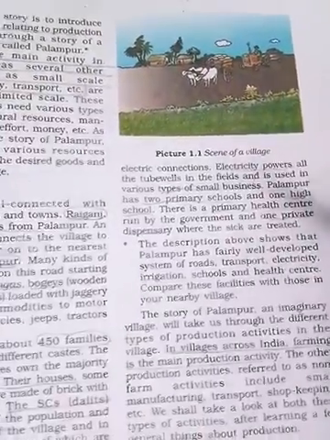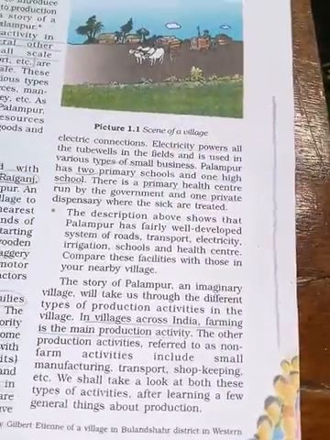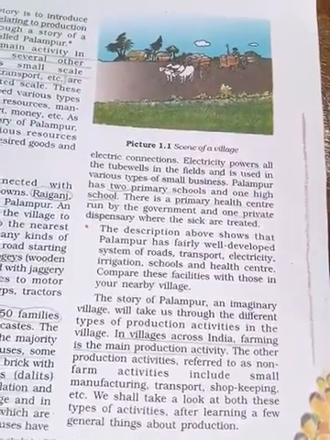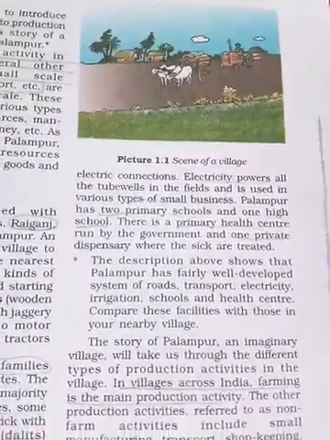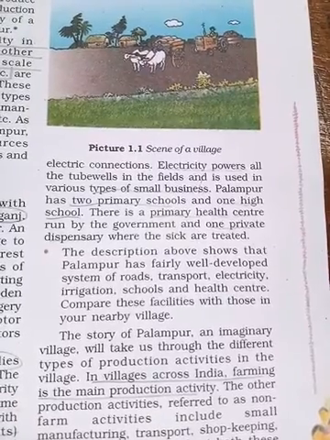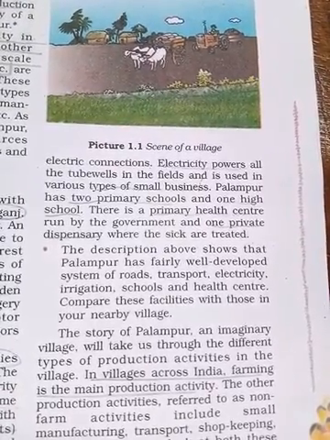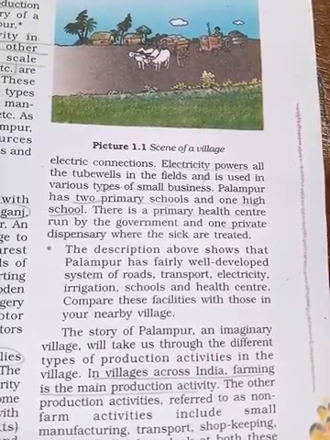That means in this village, most of the houses are well connected with electricity. Electric power runs all the tube wells in the field, and is used in various types of small business.